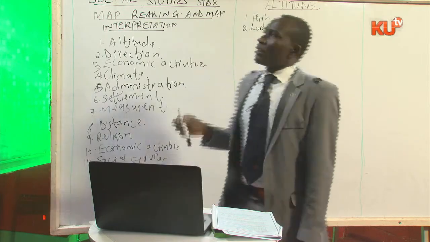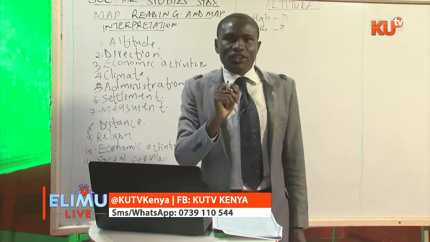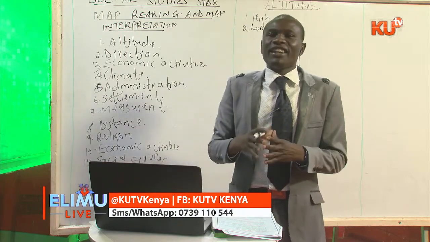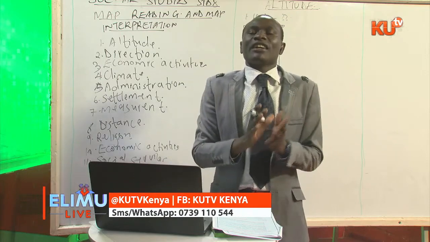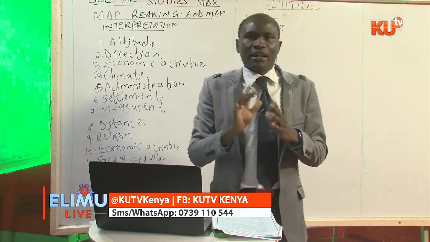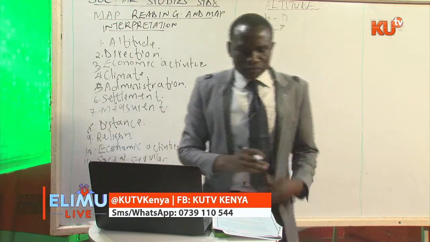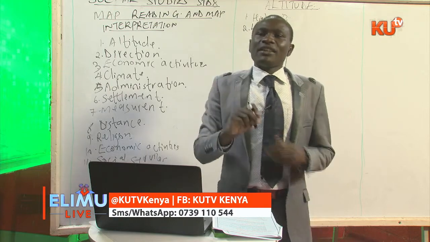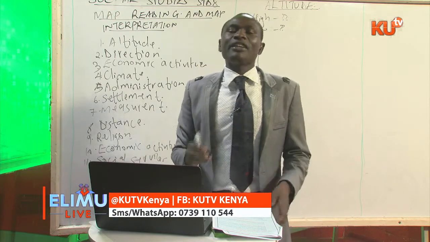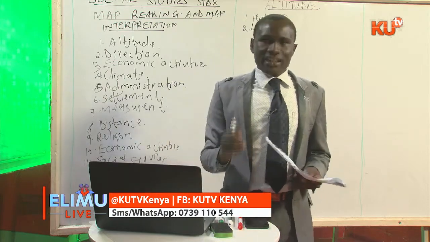In altitude, the examiner might also use figures to test. For example, if there are many hills in a given area, you go for the hill that has the highest figure. That's about high altitude. Still on high altitude, there are also features such as dairy farming, a practice that takes place in highland areas.